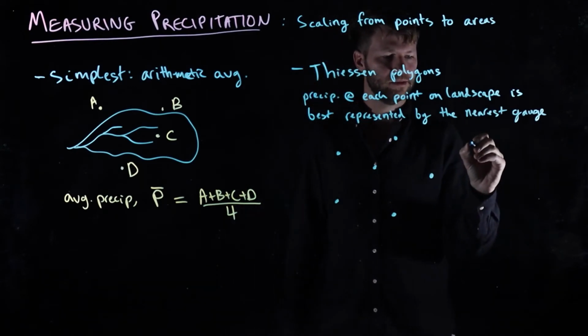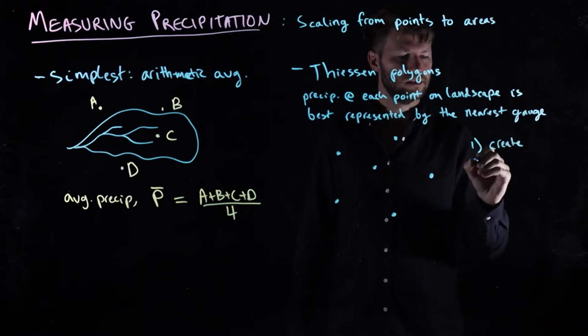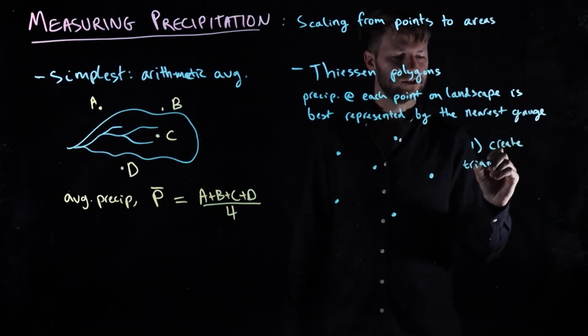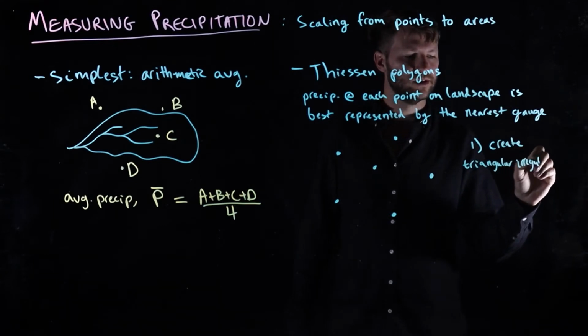So the first step is to create a system of triangles, and specifically create this thing known as a triangular irregular network between all of the points.